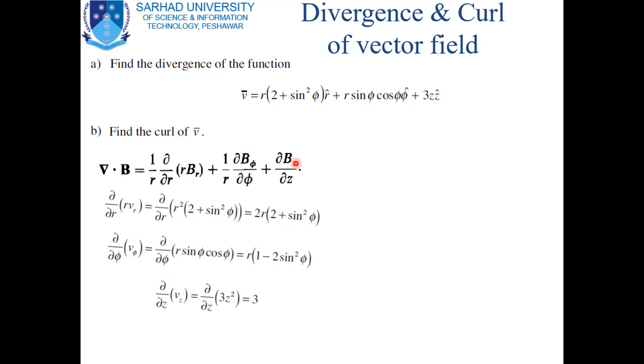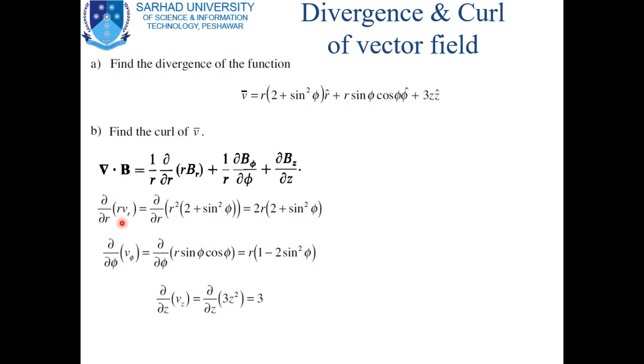After putting the values of vr, v phi, and vz, and differentiating with respect to r, phi, and z respectively, we will have 2r into 2 plus sin square phi, and the differentiation of v phi with respect to phi, we will obtain r into 1 minus 2 sin square phi, and the differentiation of vz with respect to z is equal to 3.